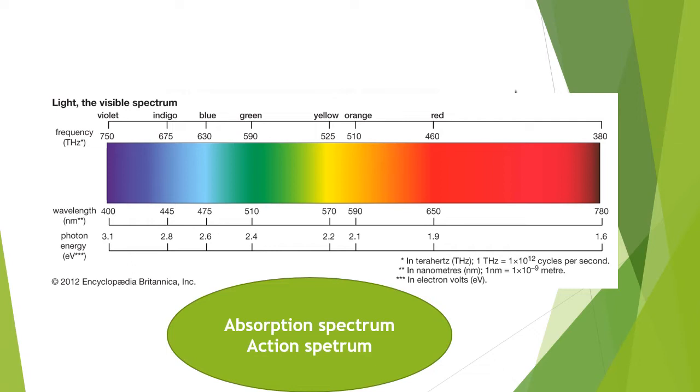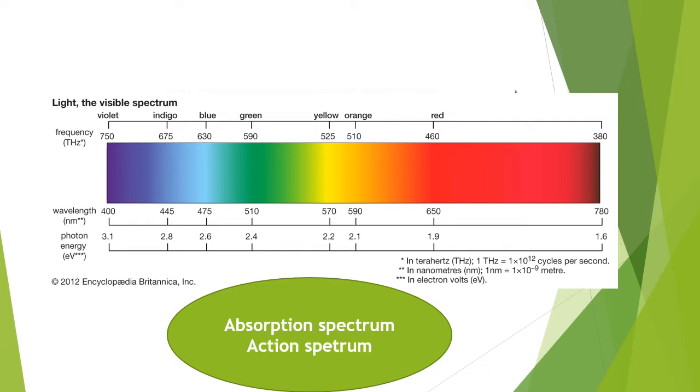A curve obtained by plotting the amount of absorption of different wavelengths of light by a particular pigment. That is the absorption spectrum. Here we are talking about two main chlorophyll pigments, chlorophyll A and B. So when we are plotting the amount of absorption of different wavelengths by that particular pigment, we are getting absorption spectrum, specially for the blue and the red color lights.